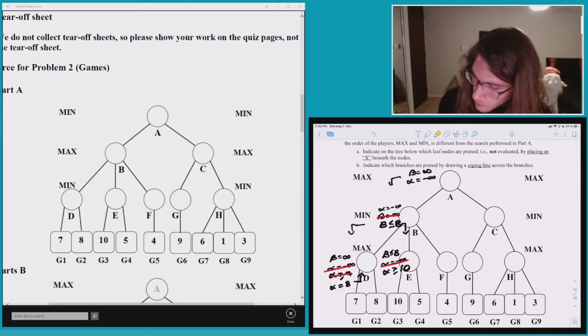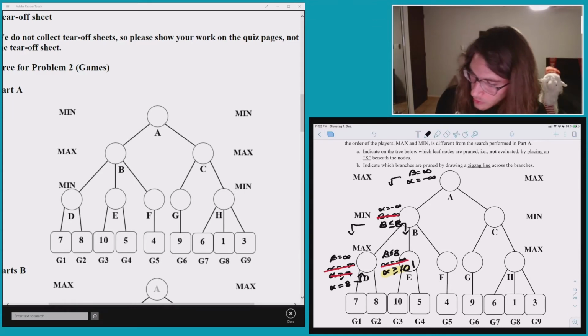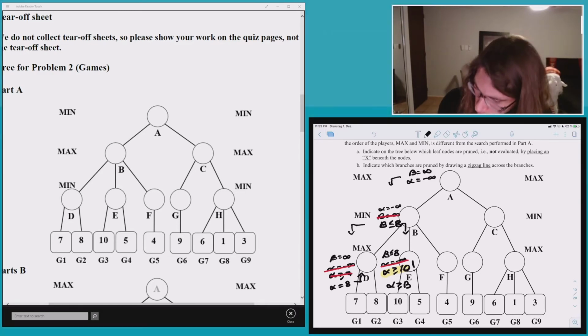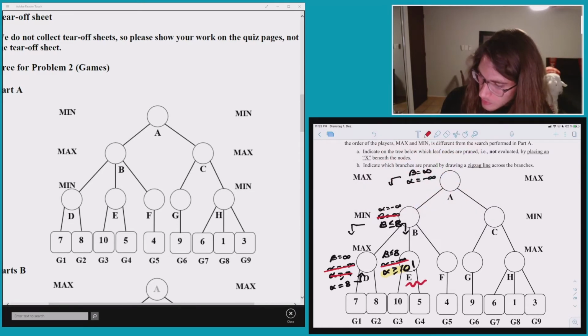And this is where red flags and alarm bells need to go off, because alpha is greater than or equal to beta at the moment, which means we've triggered the pruning condition.